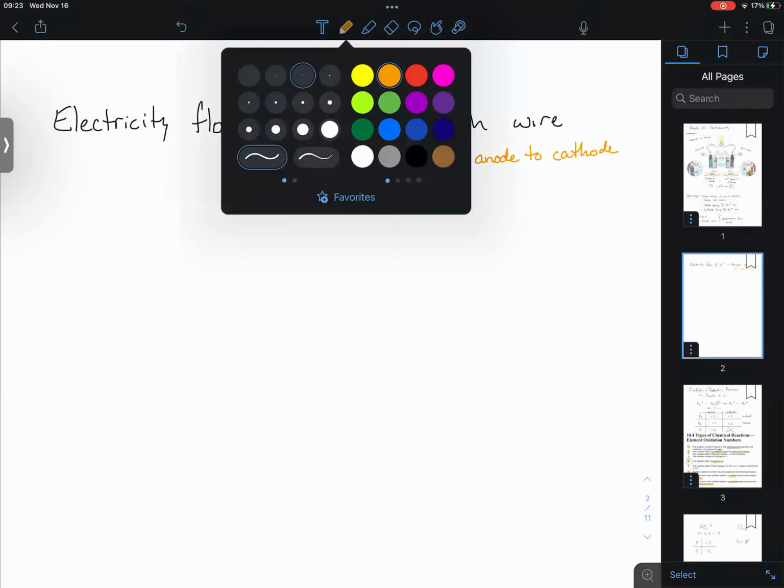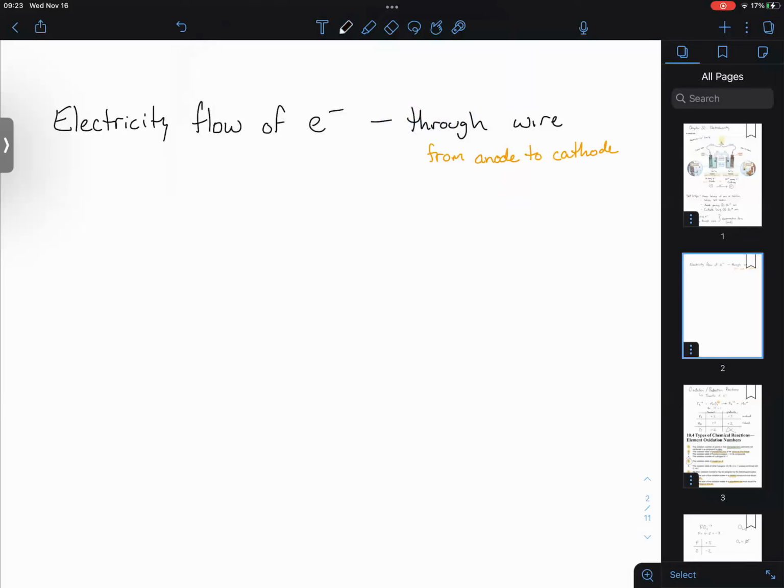Okay. So we're going to talk about how we measure certain stuff. And yeah, this will be important, especially when we pick up next lecture.